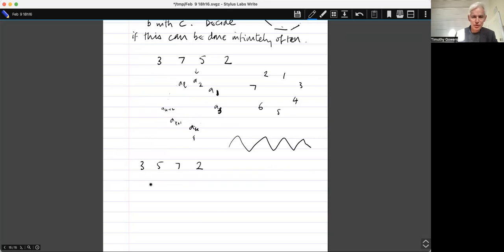So the differences here are 2, 2, and 5. And if I change it to 3, 7, 5, 2, what happens to the differences? They become 4, 2, and 3. So those two add up to 9, and that interestingly adds up to 9. And was that necessary?